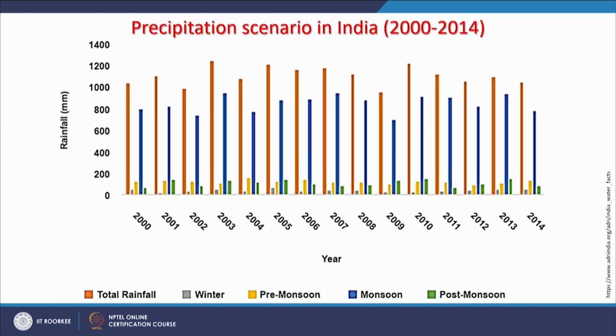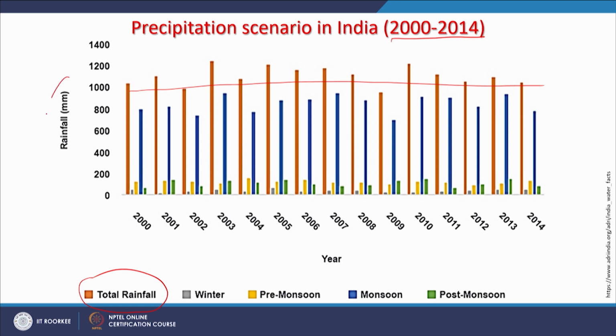Further, if you see here, you do not find much change between 2000 and 2014 in the rainfall. Here, the total rainfall, in dark brown or yellow color, changes between some years, but if you try to draw a best fit line, it will go almost straight, parallel to the years.